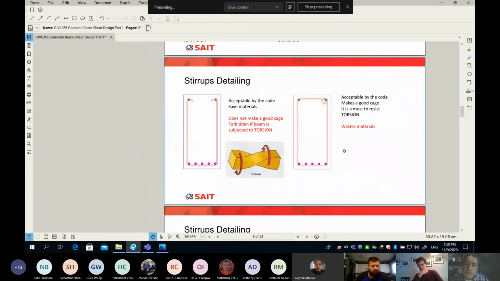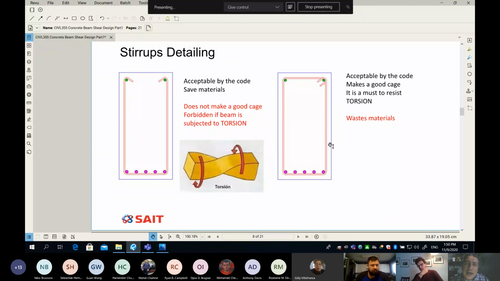Now let me show you some stirrup detailing. Very important. Those discussions are not unimportant, they are very important discussions. Those two are very, very common stirrup detailing.